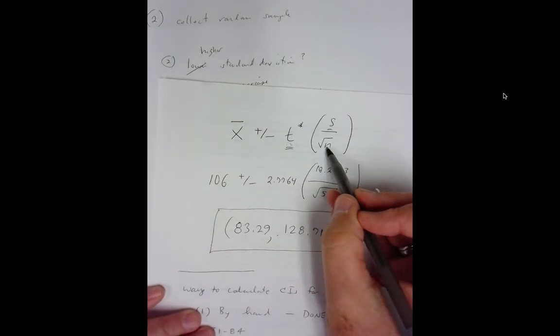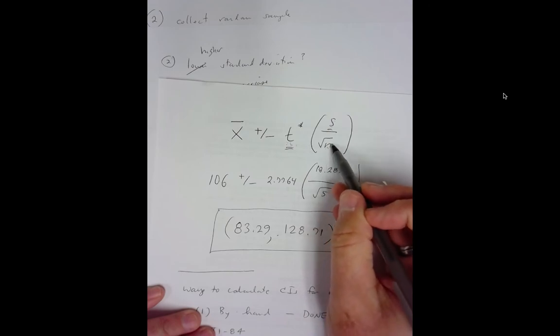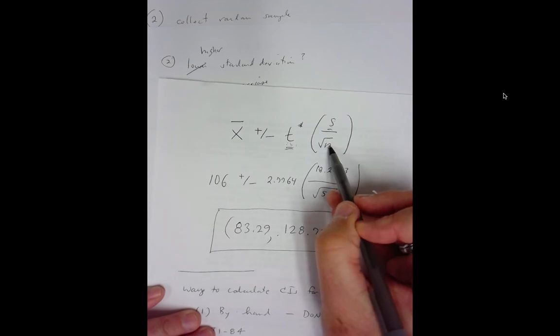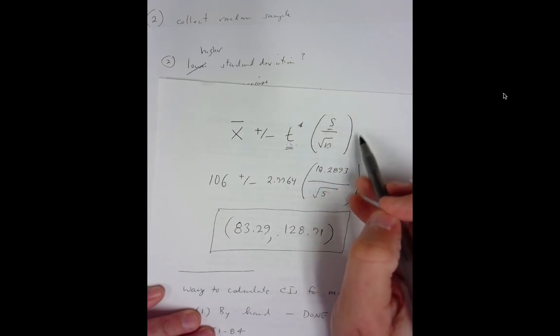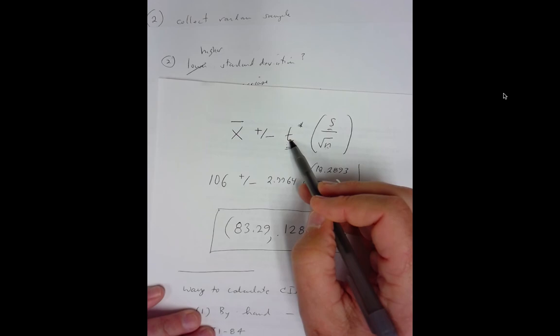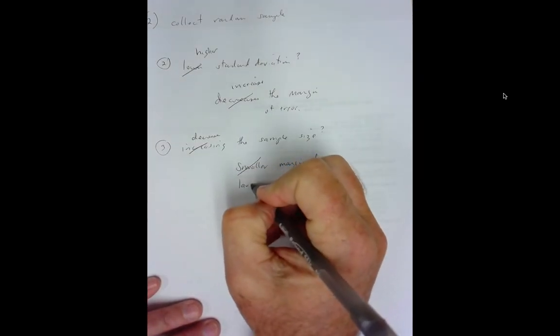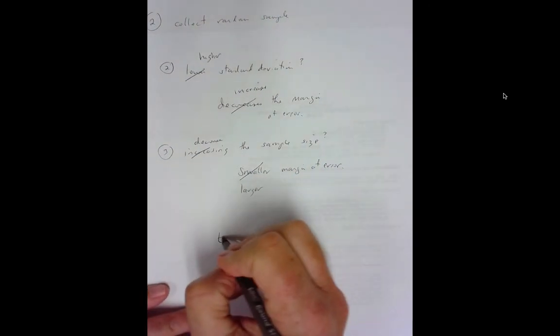Well, if we decrease the sample size, go from 30 to 5, we're going to decrease this value in a fraction. If you decrease the denominator, the total value of the fraction gets bigger. Bigger times that gives you a bigger margin of error and more width on your confidence interval.